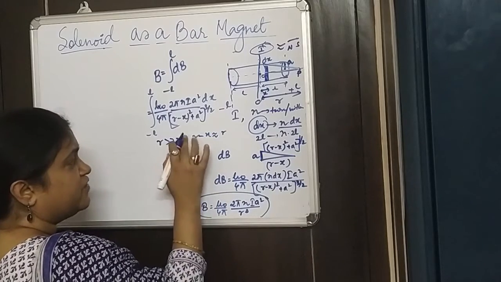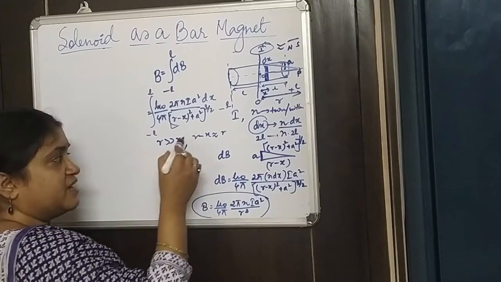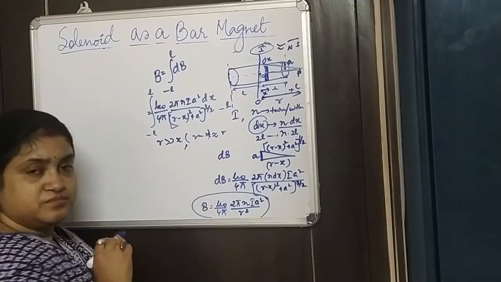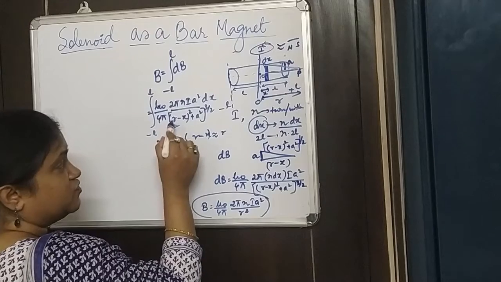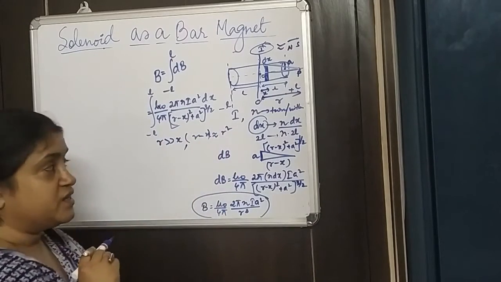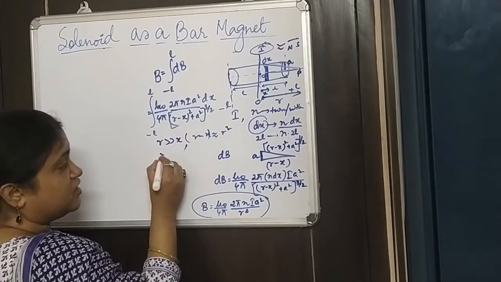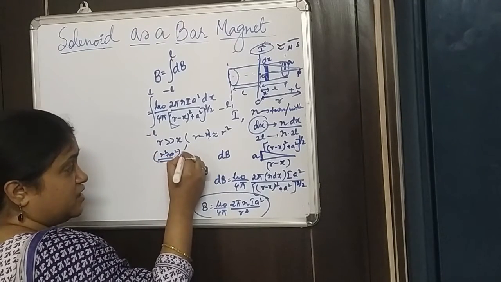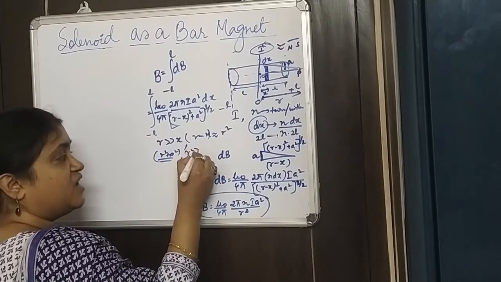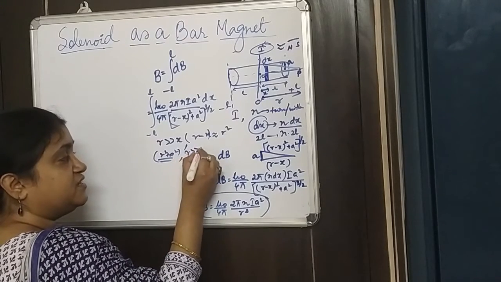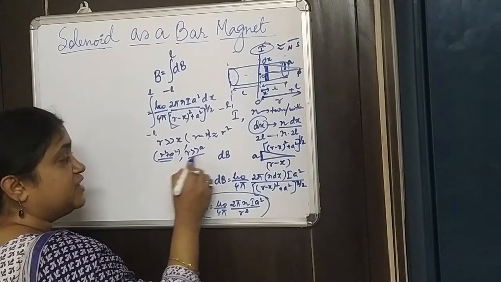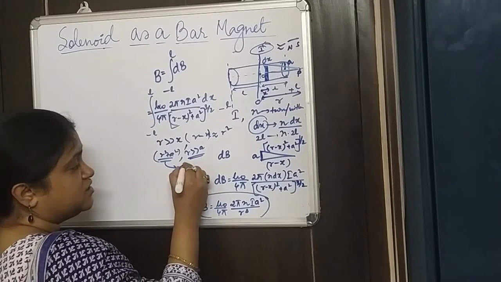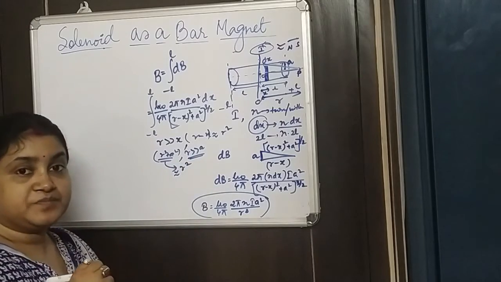So, when r is much greater than x, the term r minus x will become almost equal to r. Therefore, (r minus x) square becomes r square. Now, you are left with r square plus a square, right? So, again the second approximation we are taking: r is much greater than a. When you take this approximation, this also becomes almost equal to r square, right?